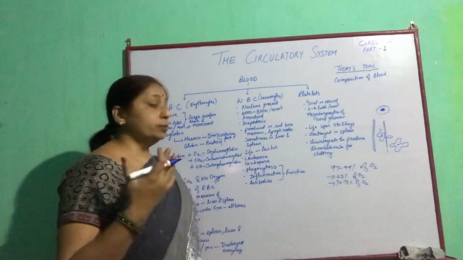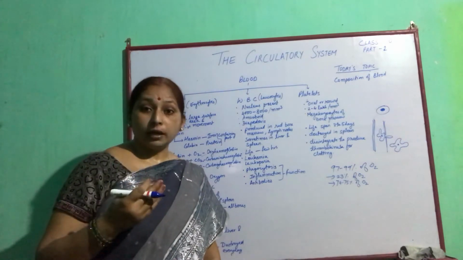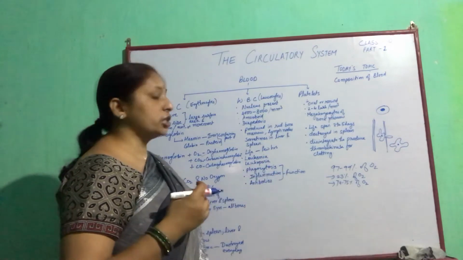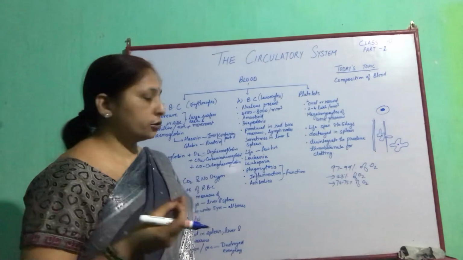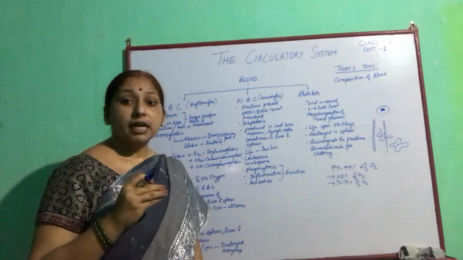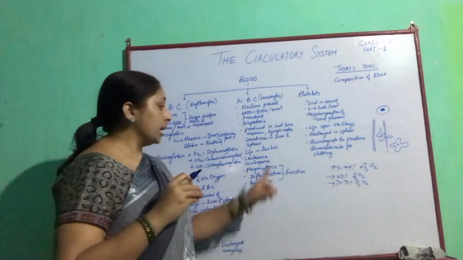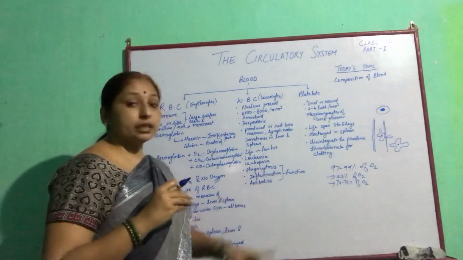But if the increase is abnormal at the cost of RBC, then the condition would be fatal, or it can be cured by blood transfusion only. Leukemia. Leukopenia is abnormal decrease in WBC. Abnormal increase is leukemia, abnormal decrease is leukopenia.